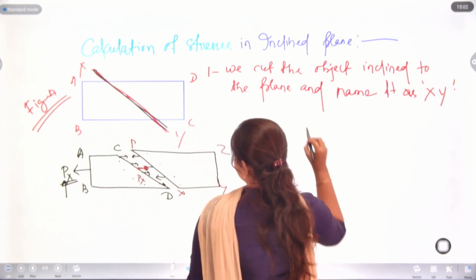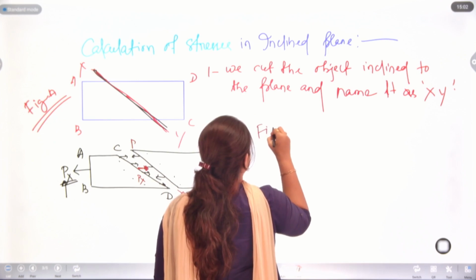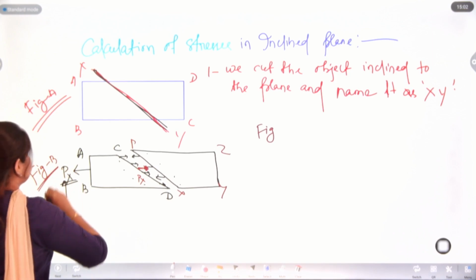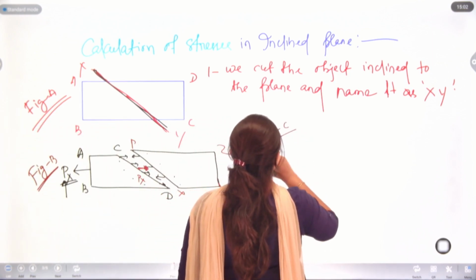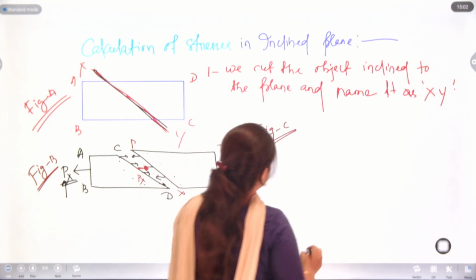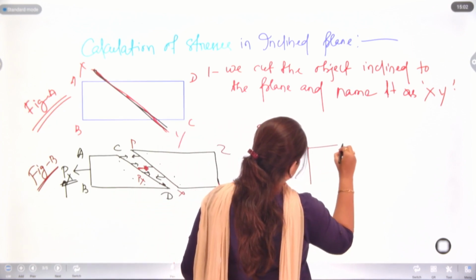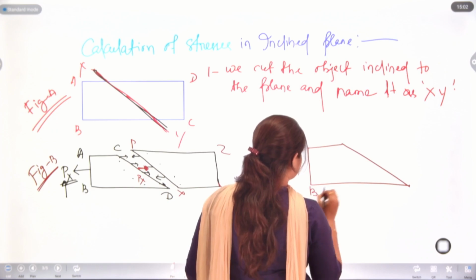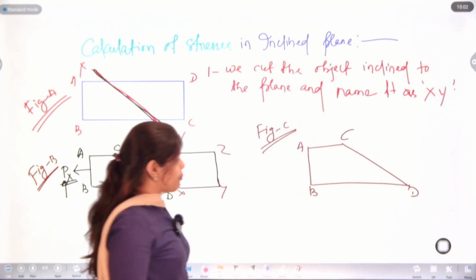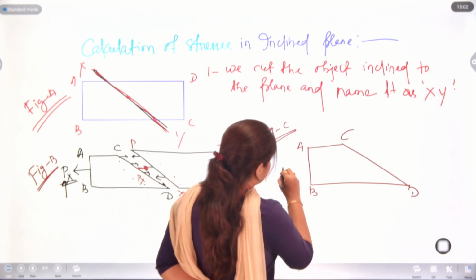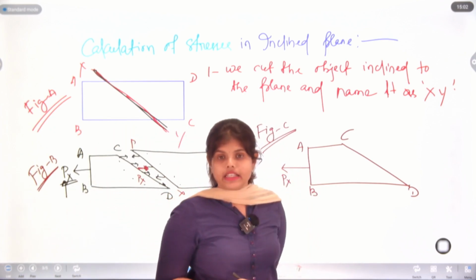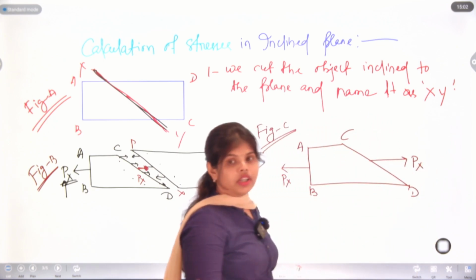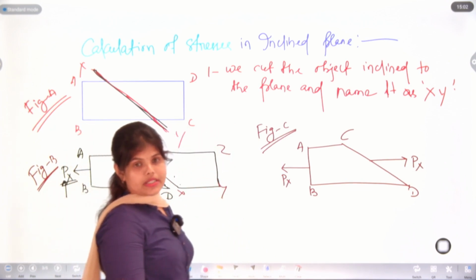Now this is your figure. In figure C, we just see this ABCD plane. Here the Px stress is acting, which we can say is our Px, the resultant stress.